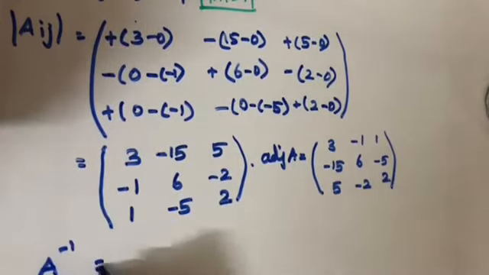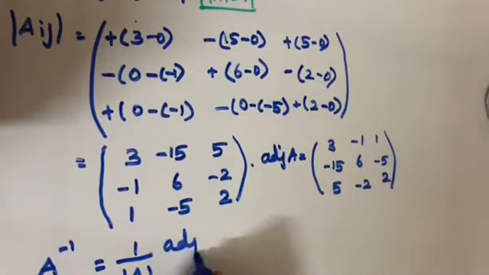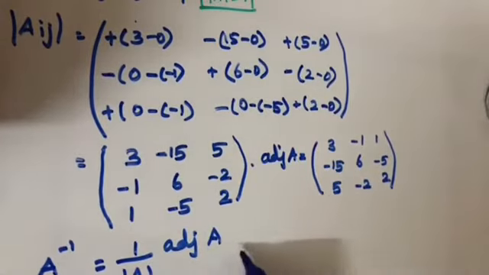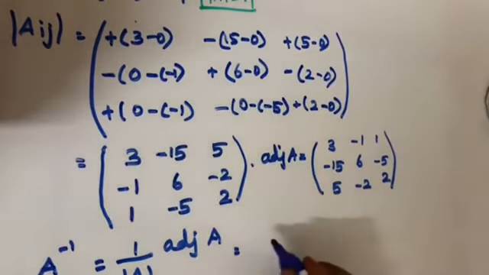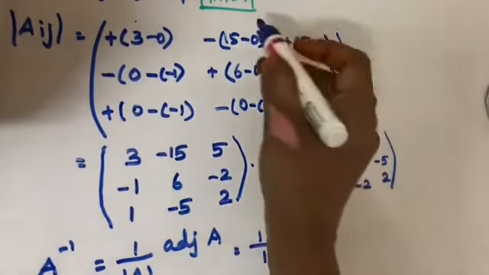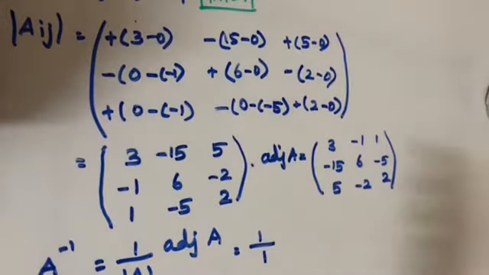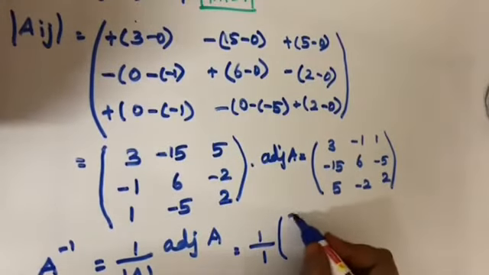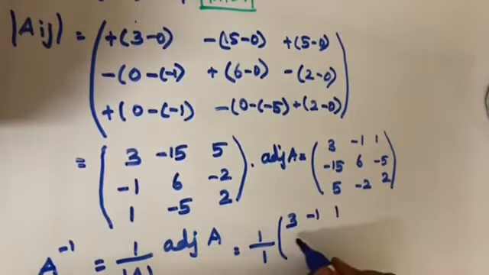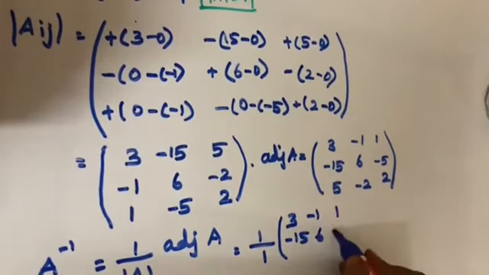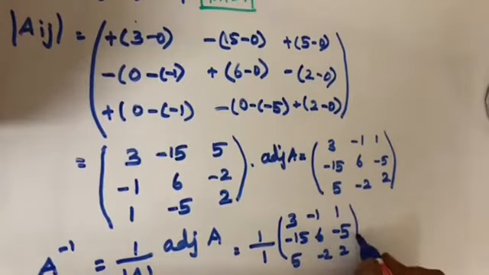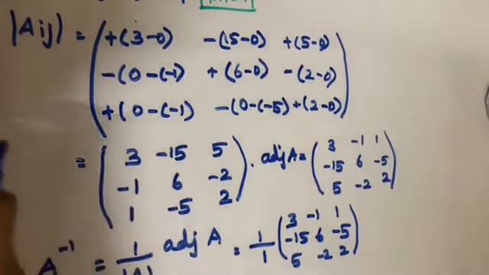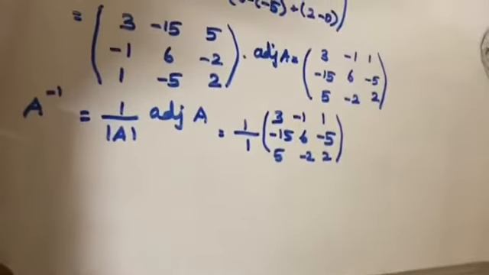A inverse is equal to 1 divided by determinant A into adjoint of A. That is equal to 1 divided by 1, right? Determinant A is equal to 1. 1 divided by 1 into adjoint A, the matrix 3, minus 1, 1, minus 15, 6, minus 5, 5, minus 2, 2. Okay. Now we have to calculate A inverse into B.